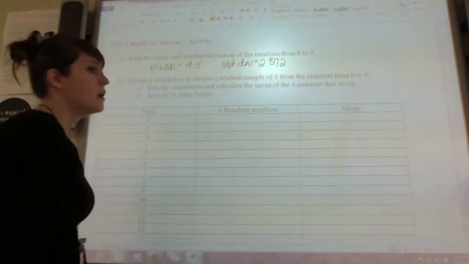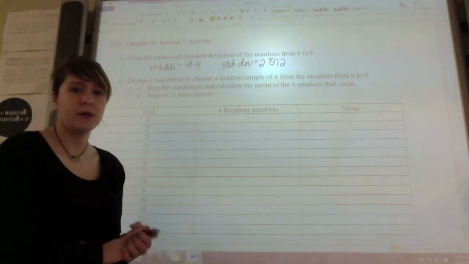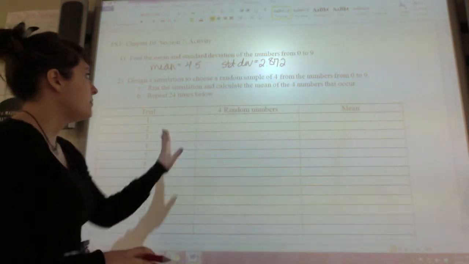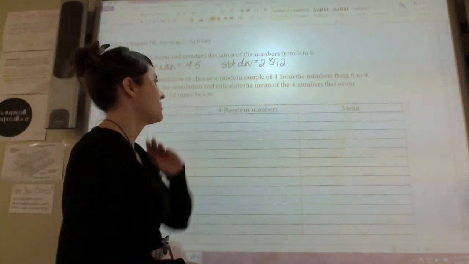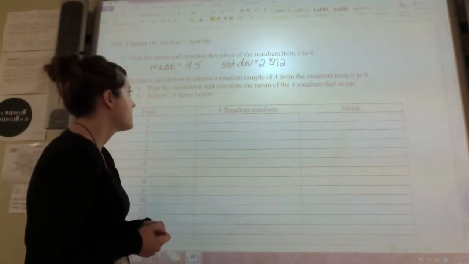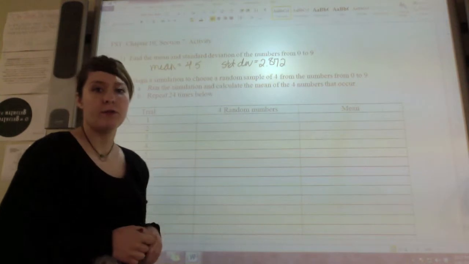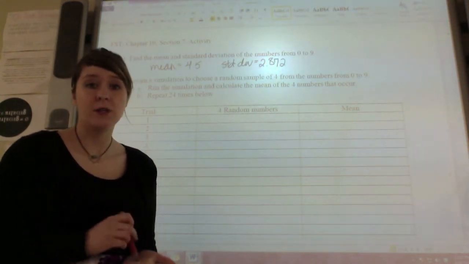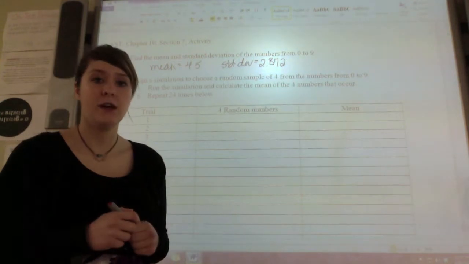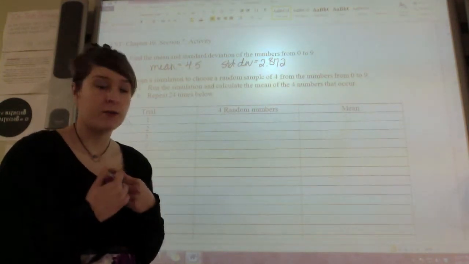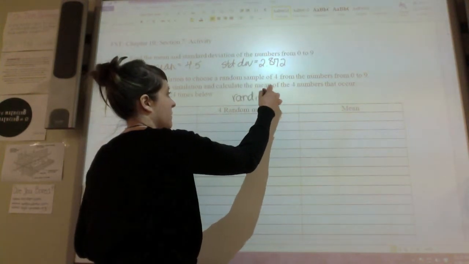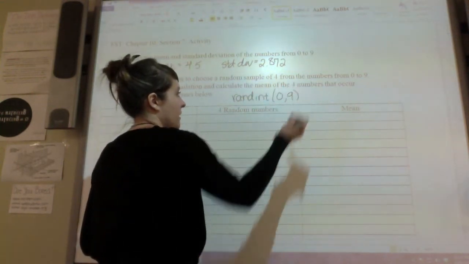Okay? Now we're going to do a little simulation to come up with some values here. We're going to choose a random sample of 4 from the numbers 0 through 9. We're going to run the simulation and calculate the mean of the 4 numbers that occur, and we're going to repeat 24 times. I've actually already done the simulation, so I'm just going to fill this in. What I did to get my 4 numbers was randInt(0, 9) on my calculator.